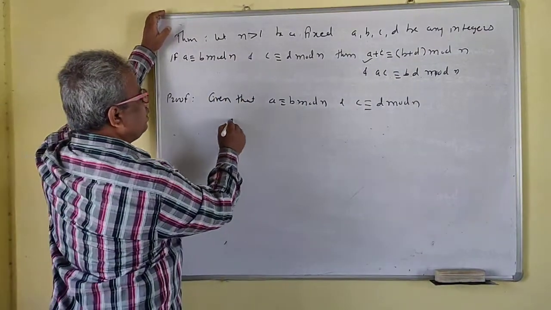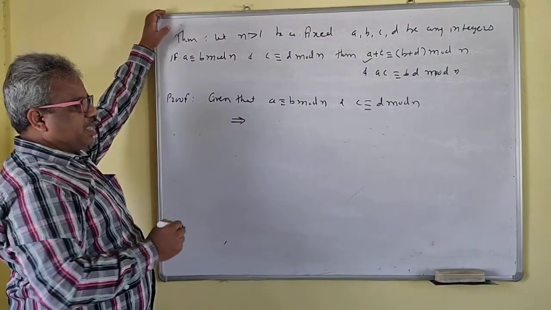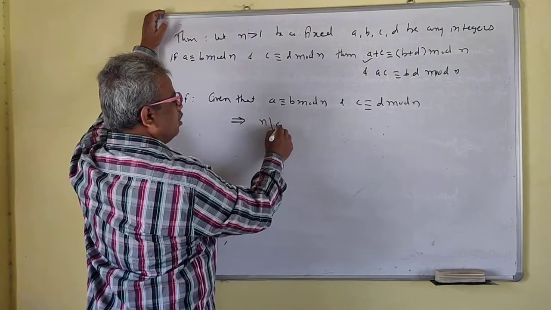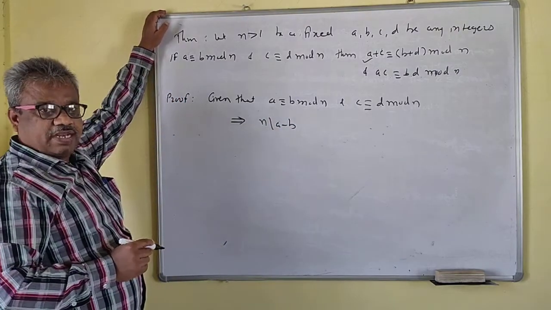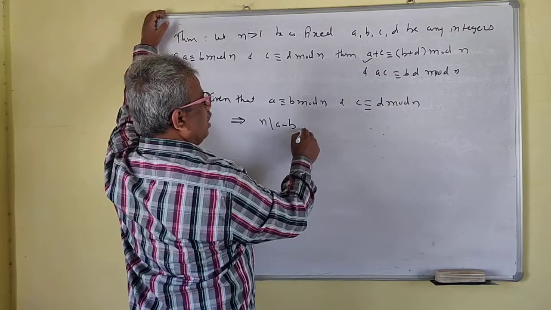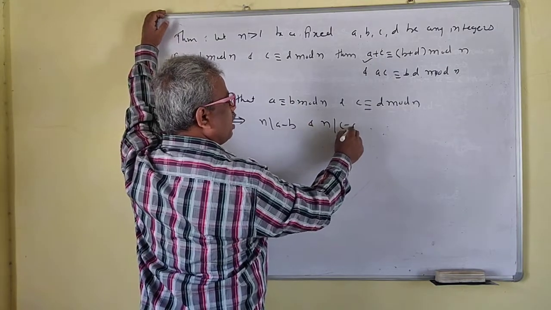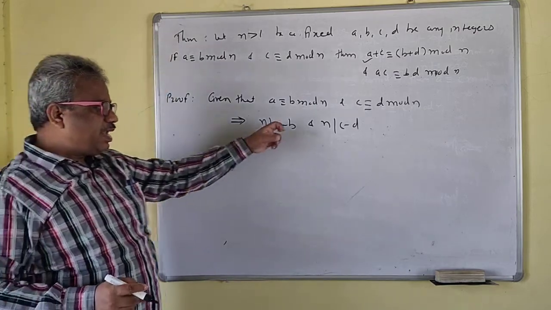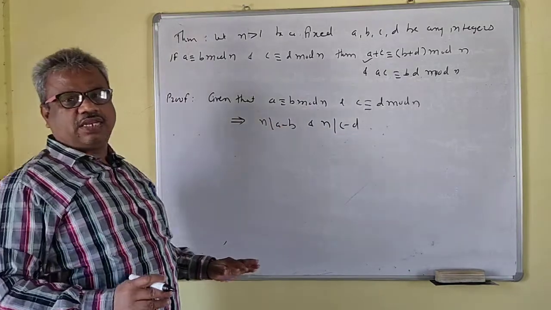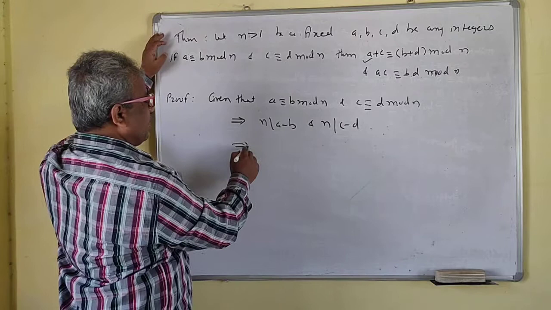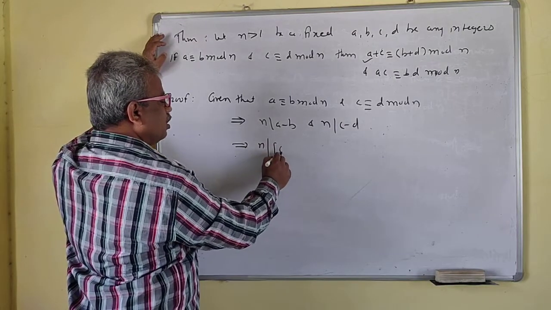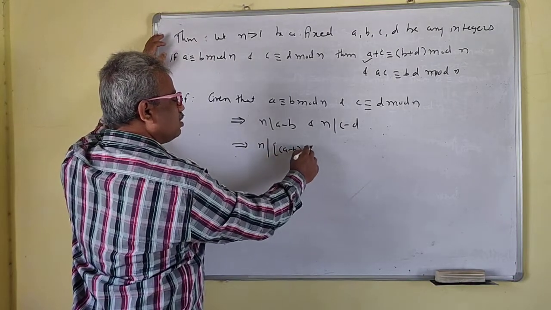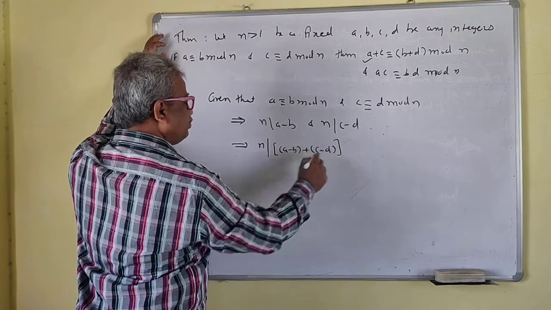So what does this imply? n divides a minus b, and n divides c minus d. Right? So if n divides a and n divides b, then n divides their sum also. So this implies that n divides (a minus b) plus (c minus d).